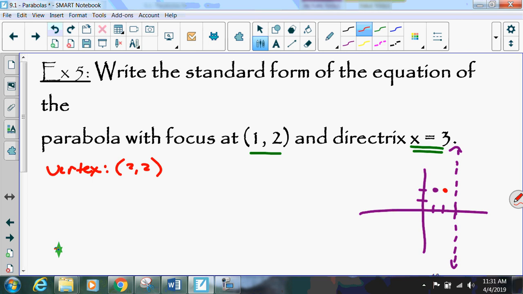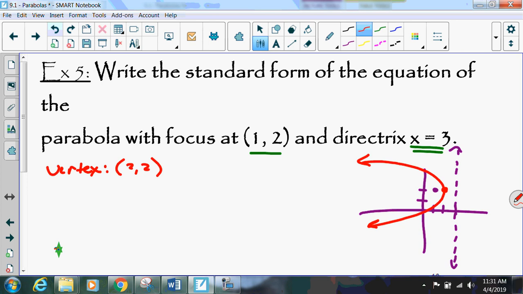I can go ahead and do a quick sketch, right? Finish it. I don't really know how wide it is unless I went ahead and plugged a certain point into the equation, and we're not going to do that. But we're not done yet. So let's see. Vertex is good to know. I also need to know what P is, and P is the distance from the vertex to the focus.